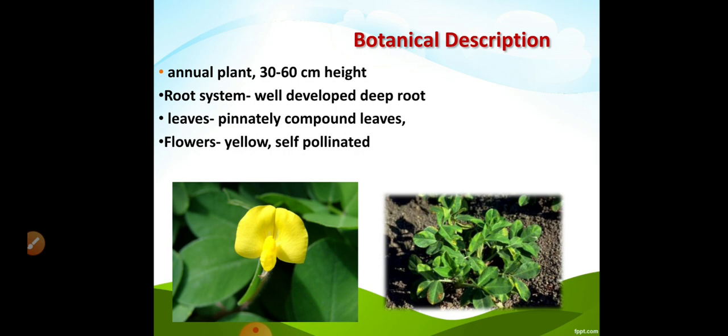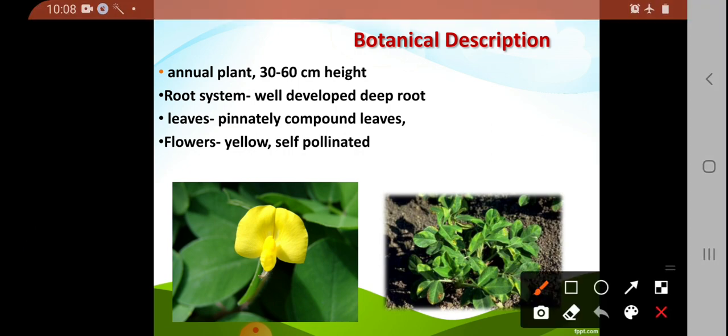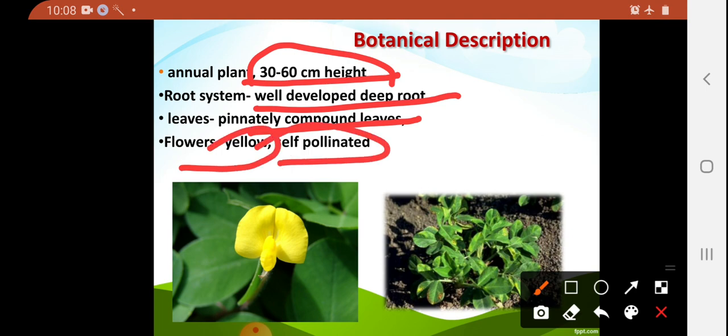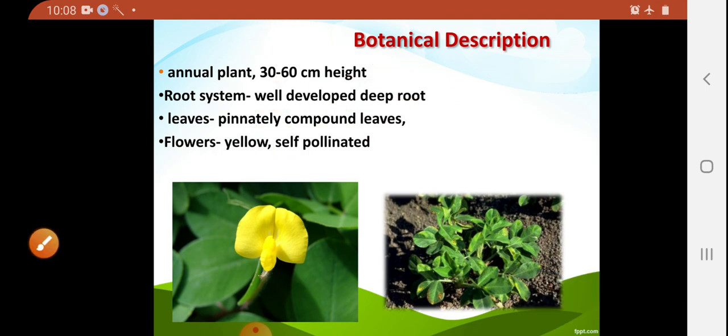This groundnut is an annual plant and it grows up to a height of 30 to 60 centimeters. This height varies according to the variety of the crop. If we think about its root system, it has a well developed root system. Leaves are pinnately compound. Flower color is yellow, and this is a self-pollinated crop.